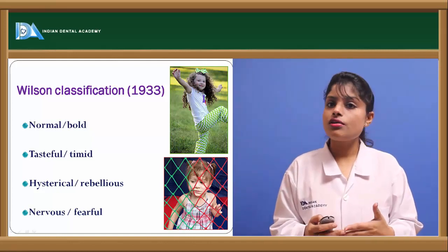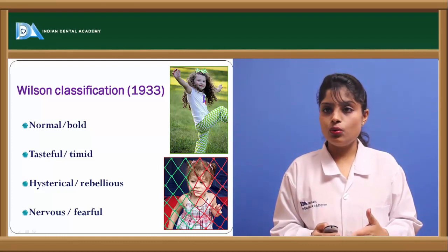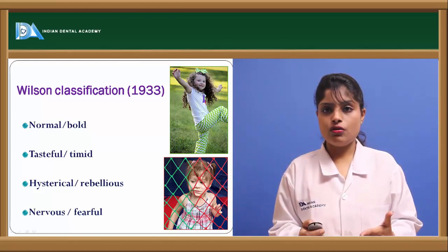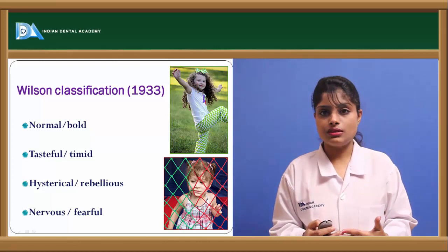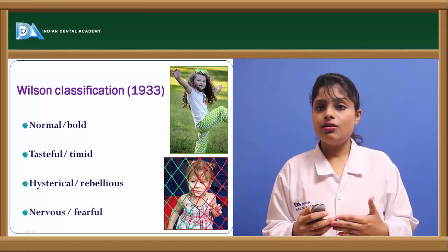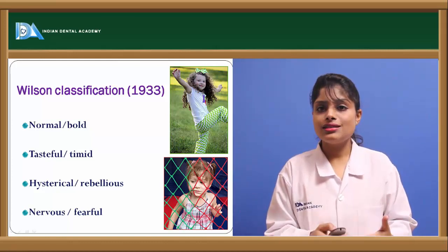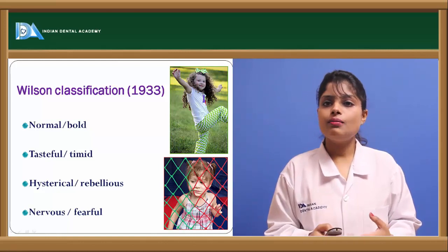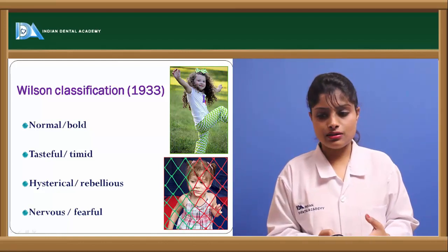A hysterical or a rebellious child is one who is highly fearful to accept the dental treatment. He is highly rebellious to understand or obey any commands of the dentist or the parents.